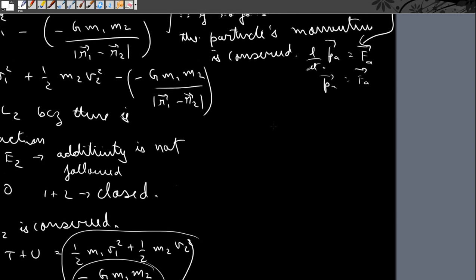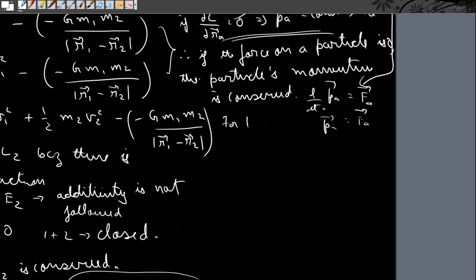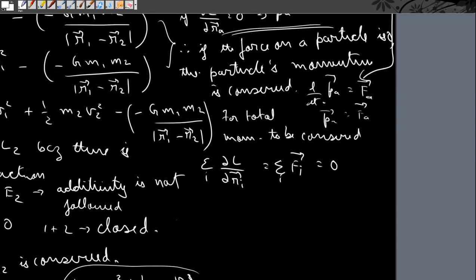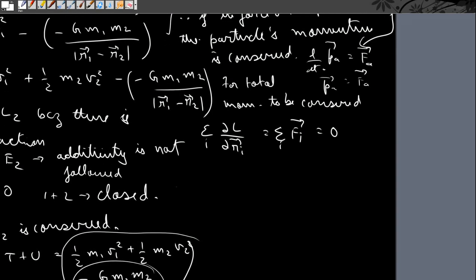But for total momentum to be conserved, we have summation ∂L/∂r_i equal to summation F_i equal to 0. That is, the total force on the system must be equal to 0. Even though the individual forces may not be 0, the total force must be 0, which implies for the case of two particles, F_1 plus F_2 must be 0.